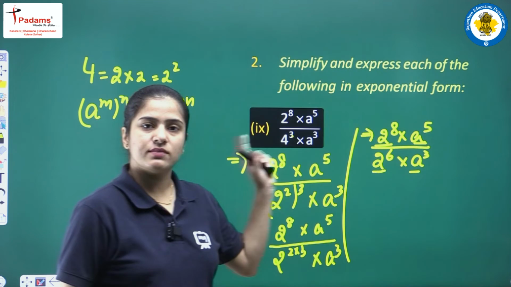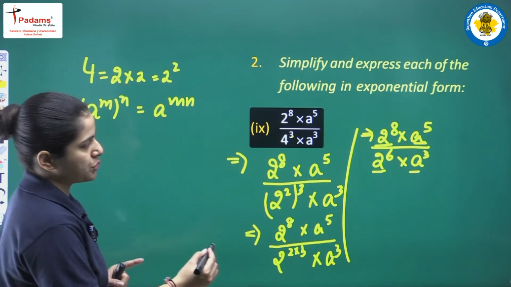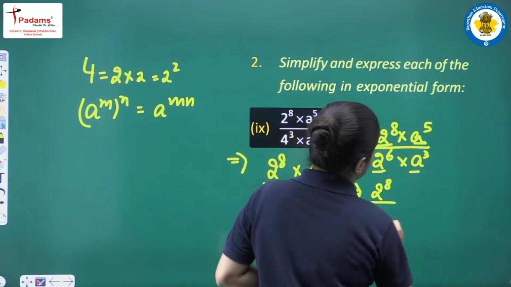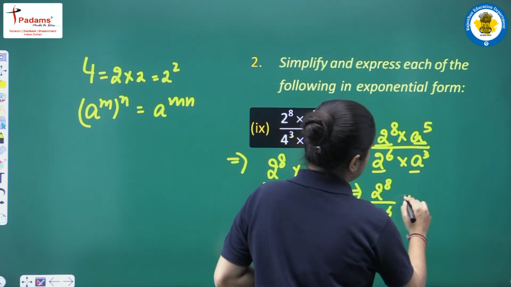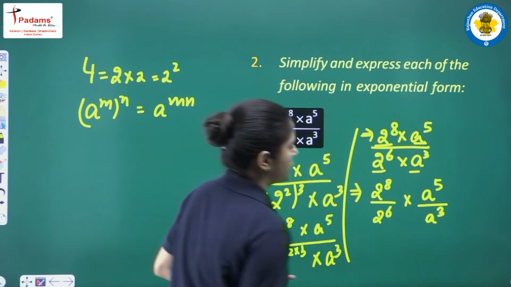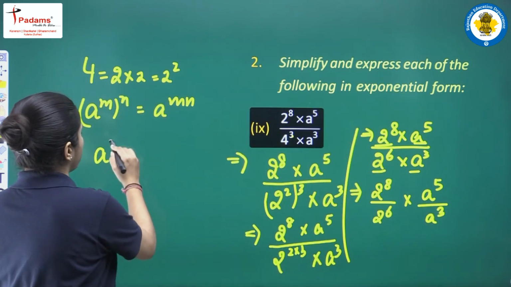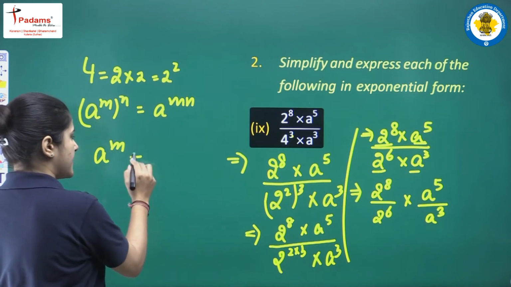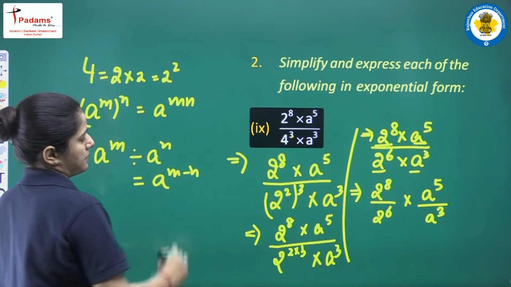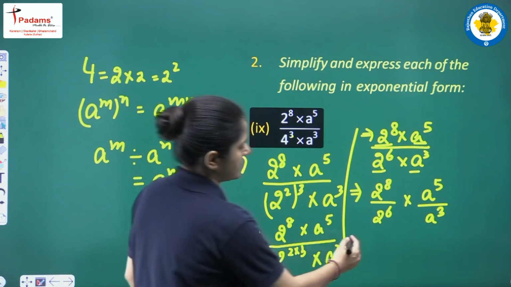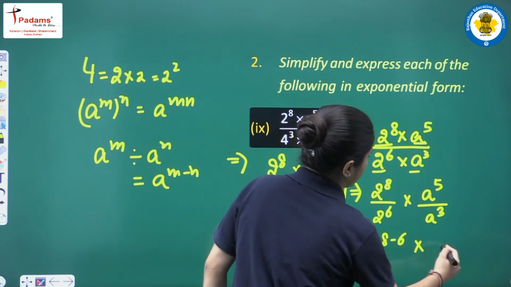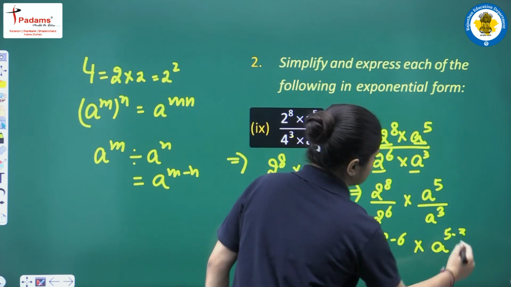Bases are same and division is there, then we have to use the law, that is 2 raised to power 8 divided by 2 raised to power 6 into a raised to power 5 upon a raised to power 3. Okay students, so when the bases are same and division is there, then you have to subtract the powers, right students? So this is 2 raised to power 8 minus 6 into a raised to power 5 minus 3.